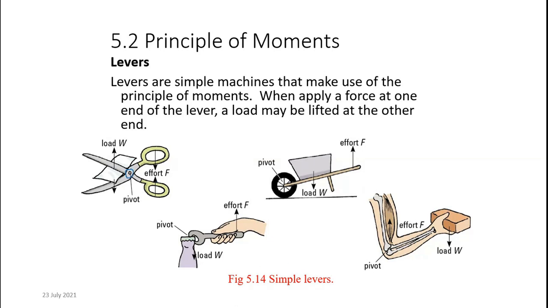This is the pivot. There are two anti-clockwise moments there. This is anti-clockwise, also anti-clockwise. This is the clockwise moment, also clockwise moment. Next, number 3 is the pivot.